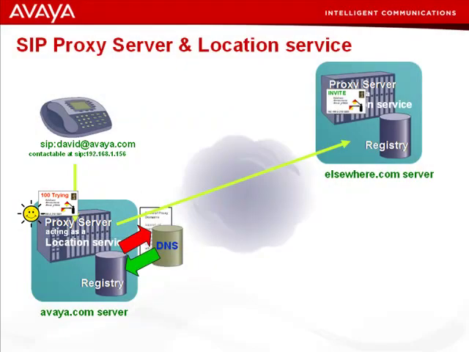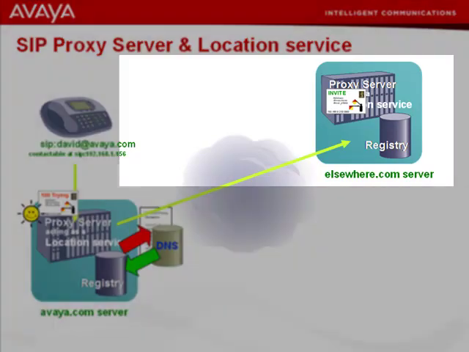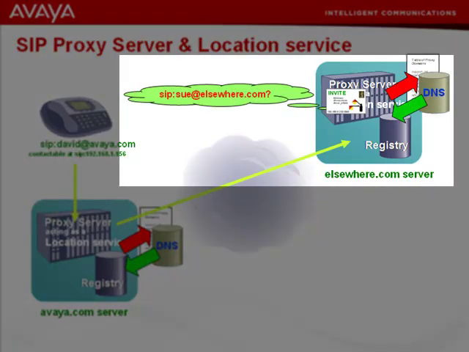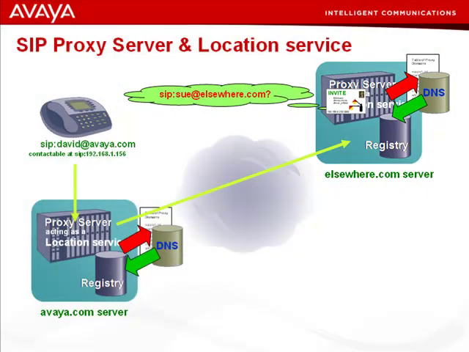Now, only after sending the 100 trying does the elsewhere.com server attempt the location task, or in other words, ask that same question: am I the controller of the domain in the request URI of this invite, or should I do a DNS lookup? Of course, it realizes pretty quick that it is the controller of the elsewhere.com domain and jumps straight into a lookup on the local registry to see if Sue has registered, and if so, to resolve or find her contact address from her public address.